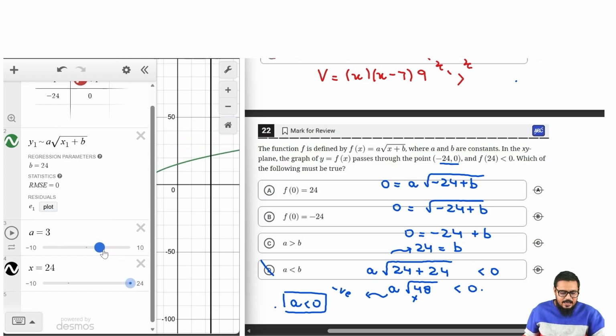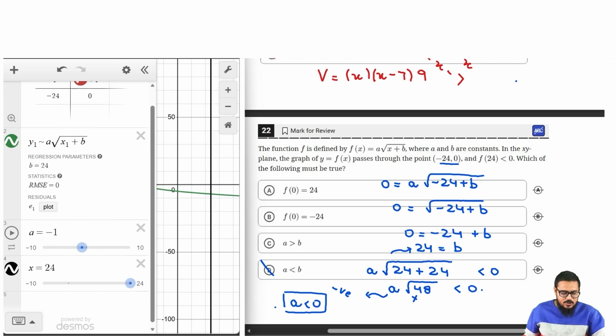Let's just try reducing the value of a. Once I keep on decreasing the value of a, the value of b is not changing. It is a constant number, right? But if I keep on decreasing the value of a to make sure that this graph comes below the x-axis, I can say that a has to be a negative number.